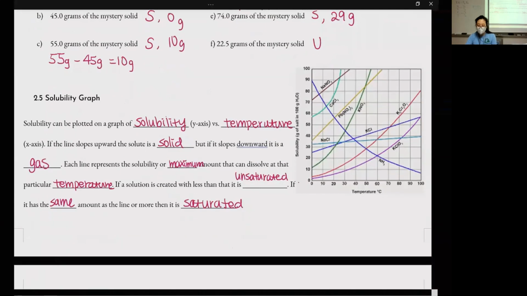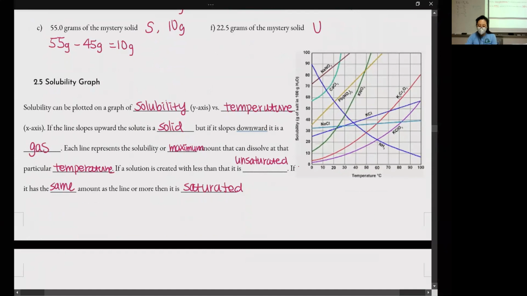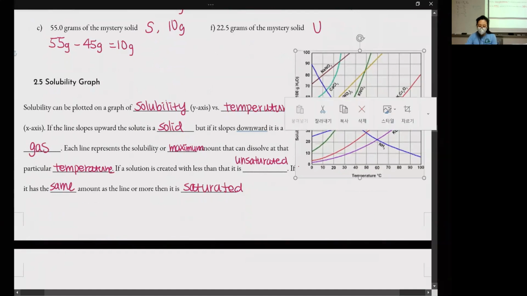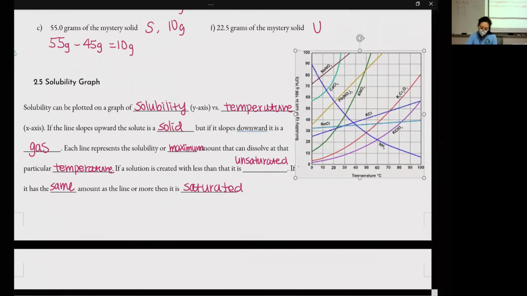And you see the solubility graph on the right.